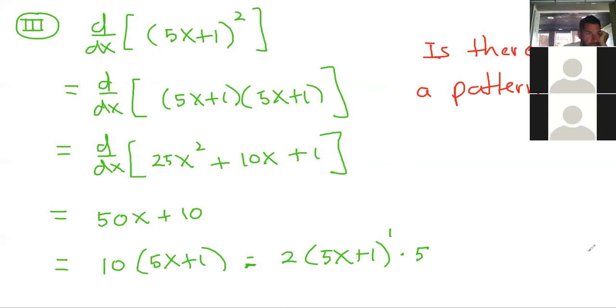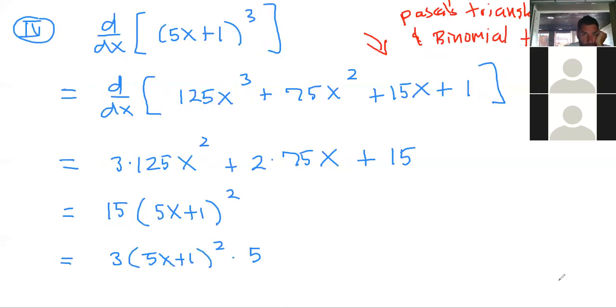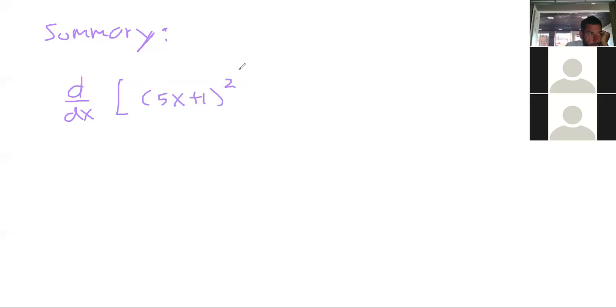So let's summarize this real quick. I want to summarize this on the next page, and maybe you'll see there's a pattern. So the derivative of 5x plus 1 quantity squared was 2 times 5x plus 1 to the power 1 times 5.